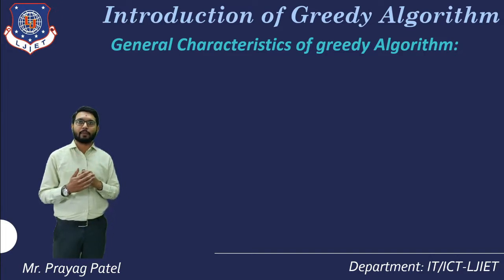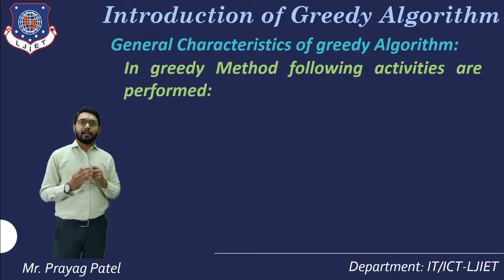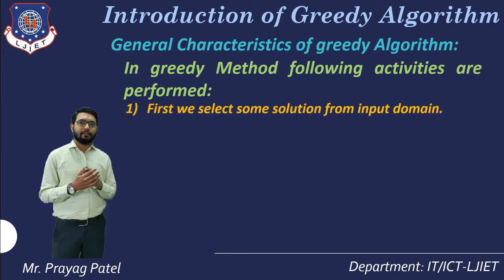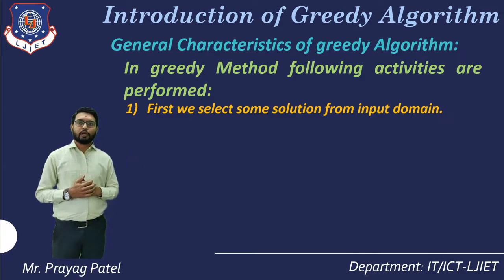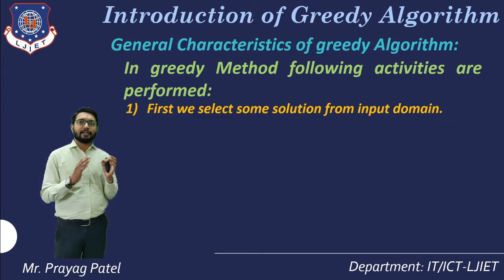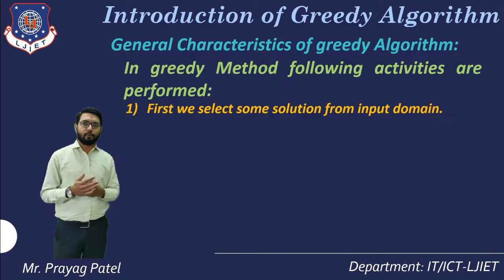Now consider the next topic, the general characteristics of the greedy algorithm. In the greedy method, the following activities are performed. The first step is that we select some solution from the input domain. If you want to make change for 15 rupees, you have many coins: a coin of 10, 5, 2, 1, and so on.